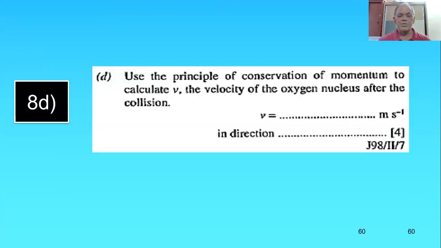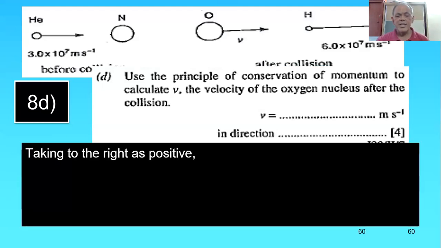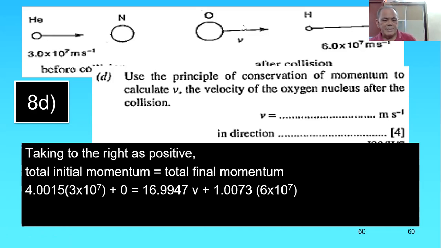Okay, and they tell you, use the principle of conservation of momentum, find the speed. That's your reaction. Right? So taking to the right as positive, remember momentum is a vector quantity, so you have to choose the direction to the right as positive, to the left as negative. The total initial momentum equals the total final momentum. We don't need to change to kilogram because you are trying to find the speed. So if all of them are in the same atomic mass unit, it's okay. Right?